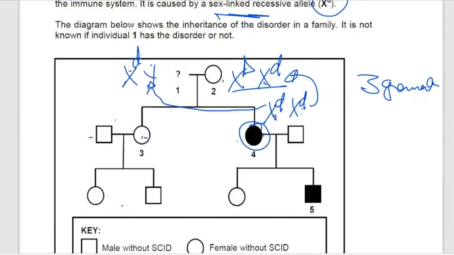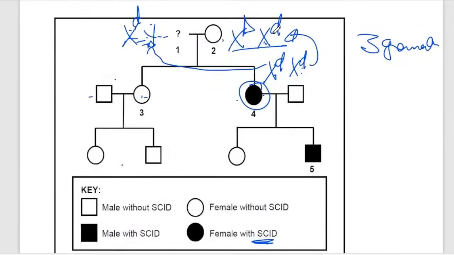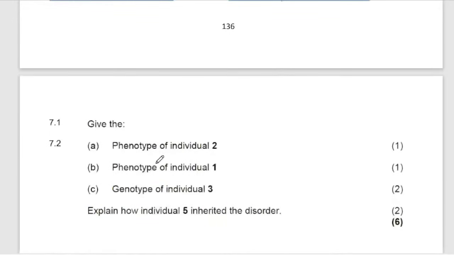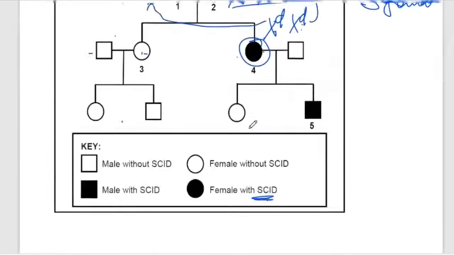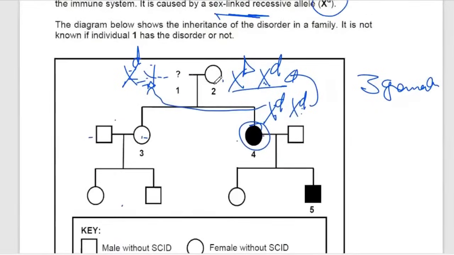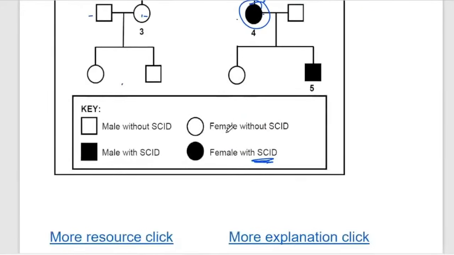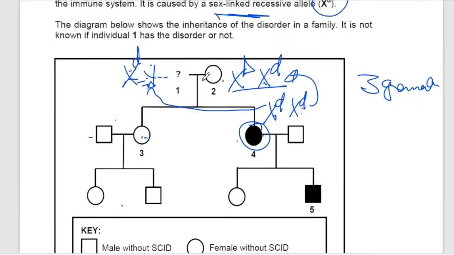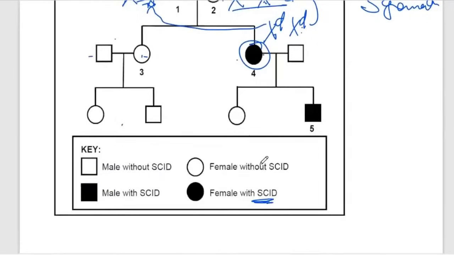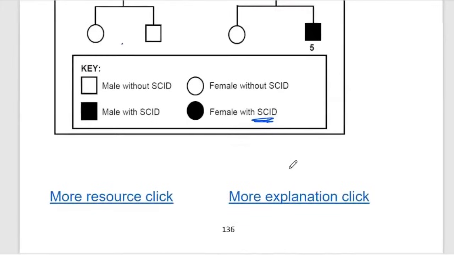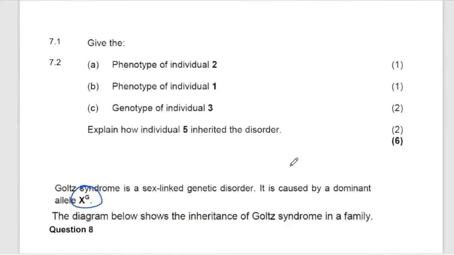How do we identify this? Yes. Now let's go to the next question. Identify the phenotype of individual two. So we have said that this person is normal, a normal female without the disorder.